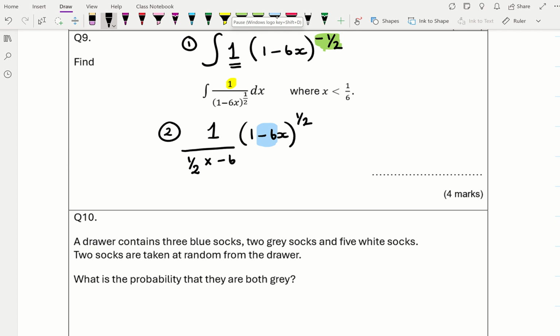And so your final answer, of course, plus c, don't forget the plus c. So the final answer is 1 over negative 3, or negative a third, times 1 minus 6x to the power of a half plus c. That's your final answer.